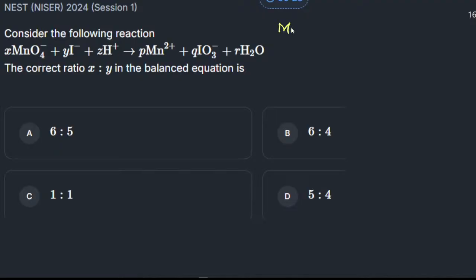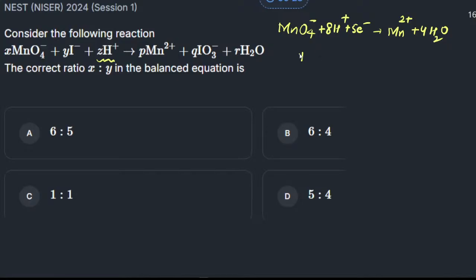Let's see, MnO4 negative to give Mn2 plus. To balance it, it is in acidic medium, right? So MnO4 negative, with 8H plus and 5 electrons, gives Mn2 plus and 4H2O.